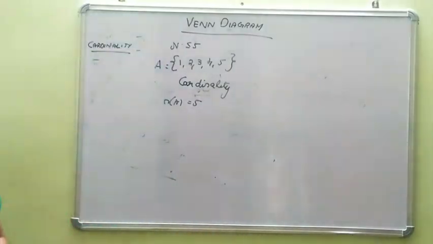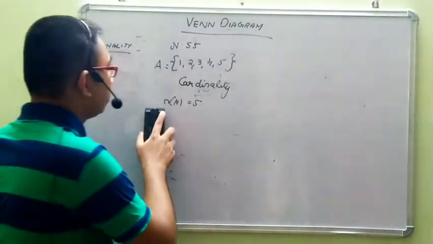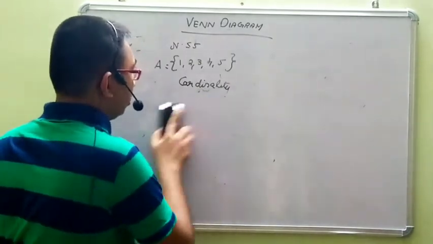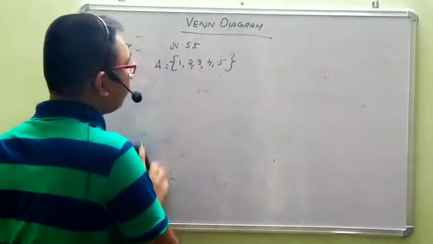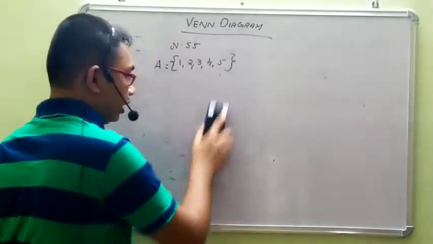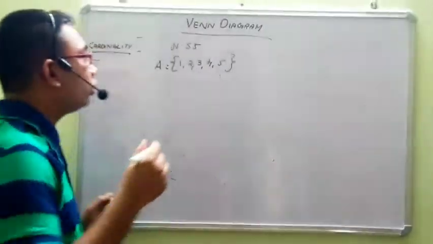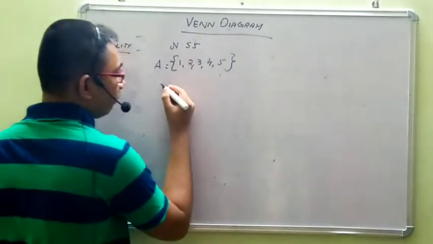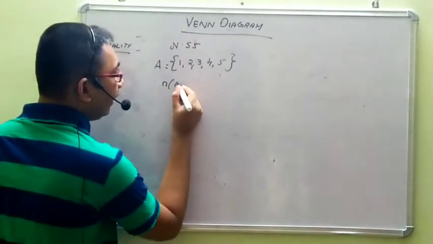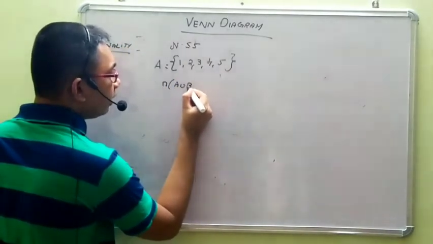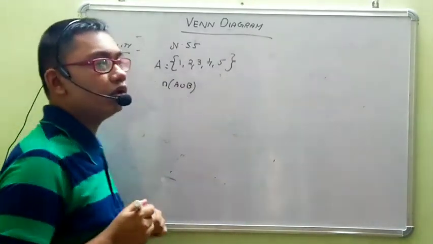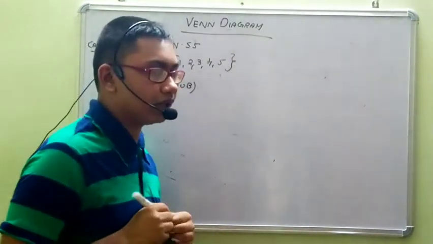Now consider two sets. We studied the operations of union, intersection and such things, right? So, if we want to find the number of elements of A union B, let A and B be any sets.